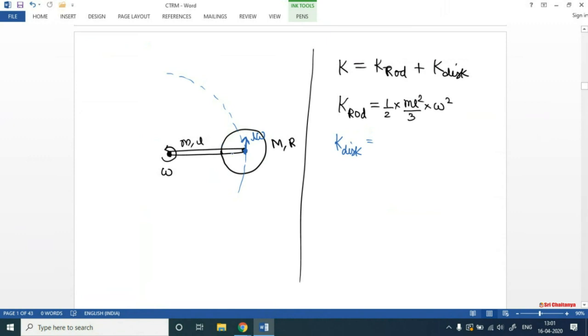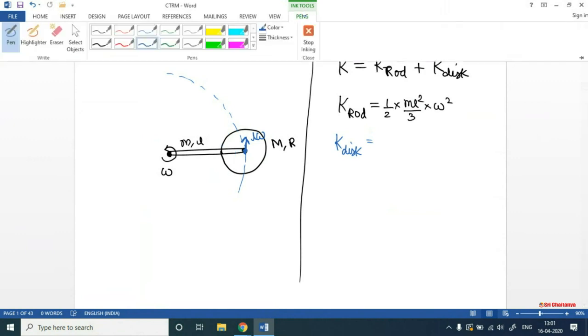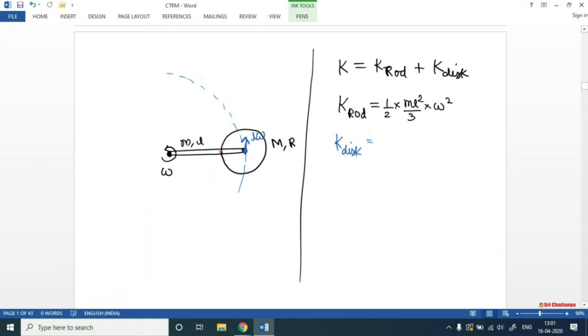this disk is rotating as well. So now you just have to realize, let's say for example, at this instant this is some point A. When this rod has come over here, this disk would be somewhat like this, and this point A will come here if it is rigidly clamped to this rod.